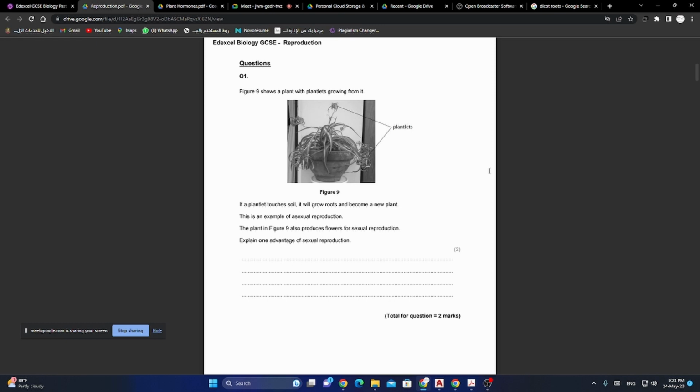The key advantage of sexual reproduction is that it produces variability. Okay, the offspring is going to be different from its parents.